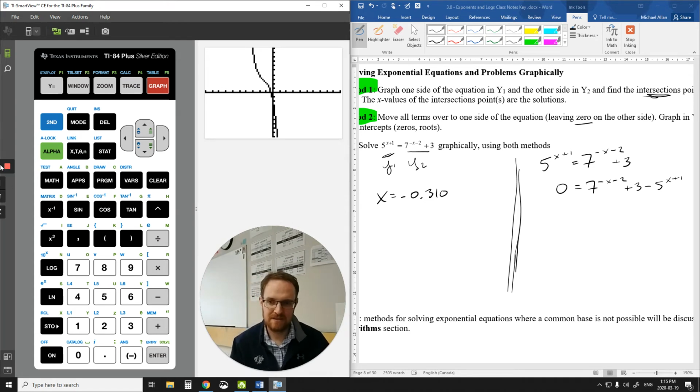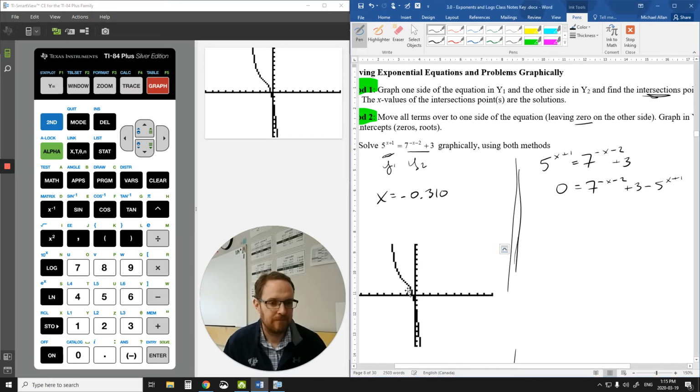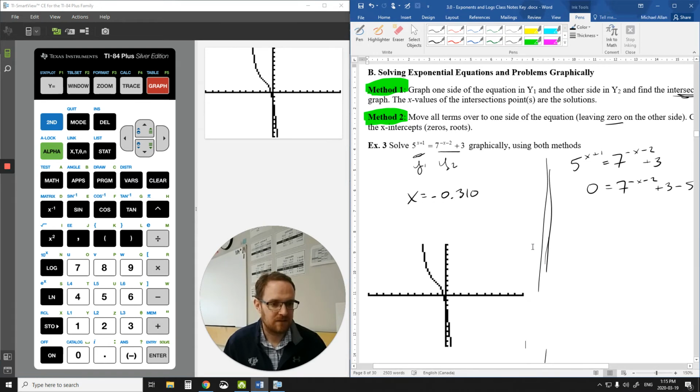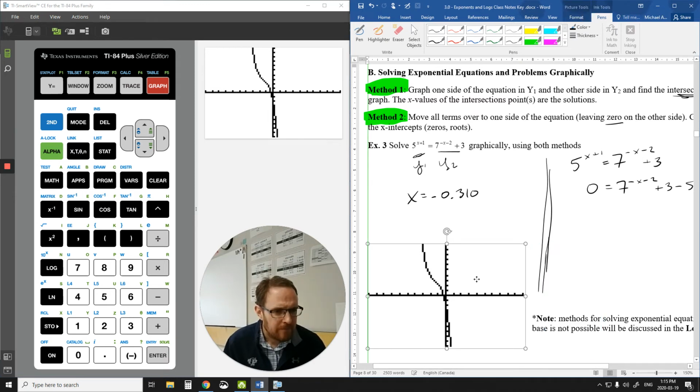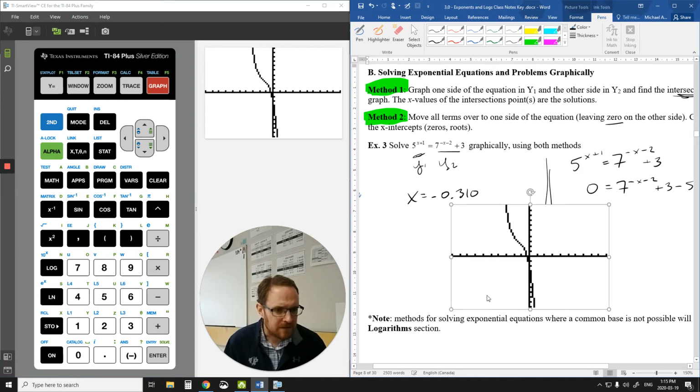All right, so as you can see on the graph here, there's one intersection point. If I just grab that, I could probably pull that over. There it is right there. So on the graph itself, you can see that little intersection point right there.